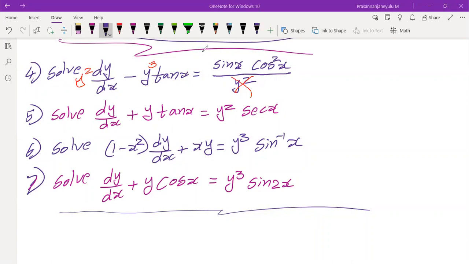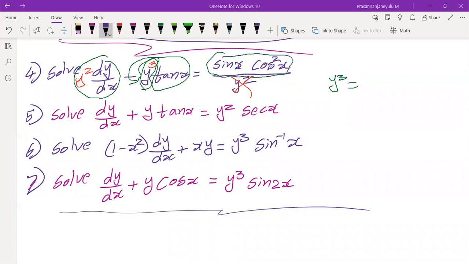So now observe that clearly. The dy by dx coefficient may be in functions, may be in terms of the dependent variable y, so it is acceptable. So treat this as dy by dx plus p of x into y cube is equals to q of x. The right hand side is only a function of x variable.